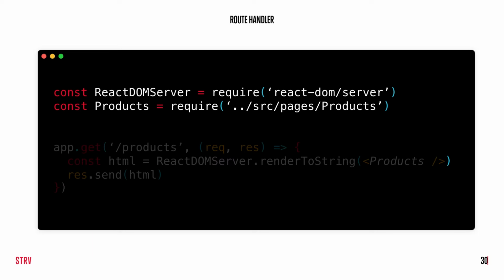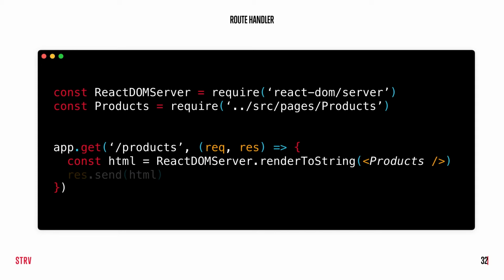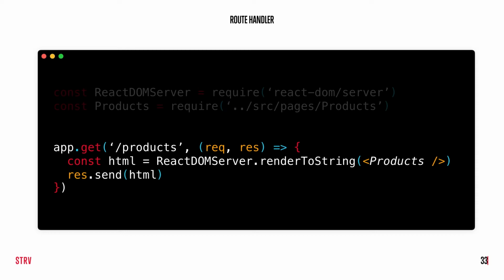We have the products, the same page as before, and we create a handler for a specific route. So let's say we have /products, and when the user hits /products, whatever is in this function is going to execute. So the user hits this route, and we create the HTML as before, and then we just send it.